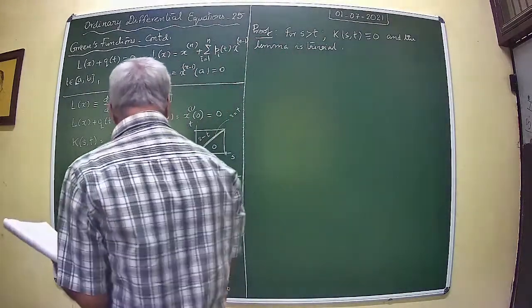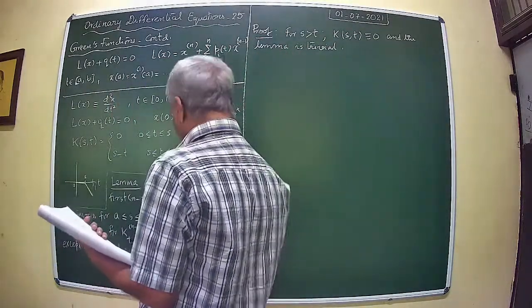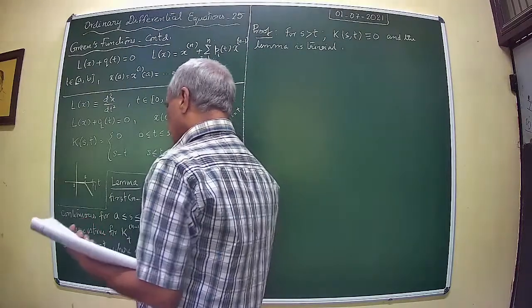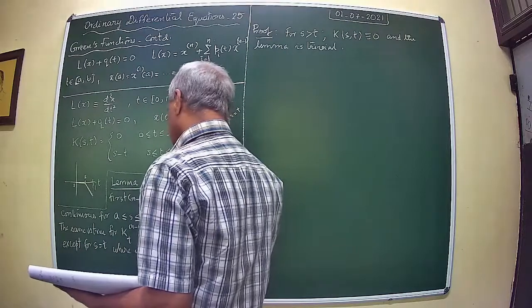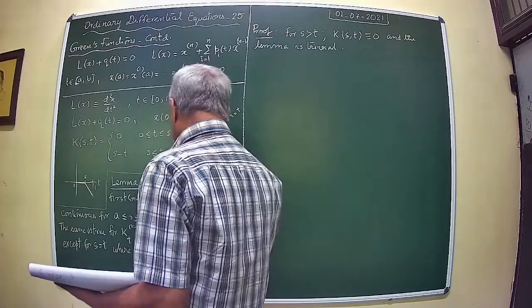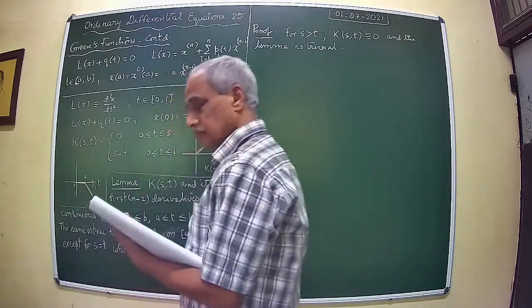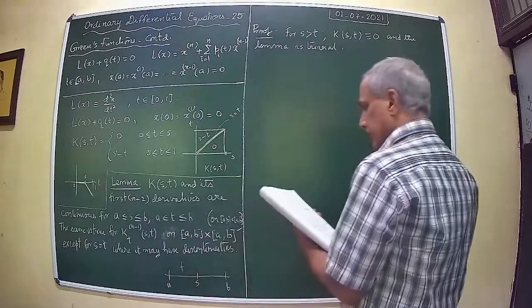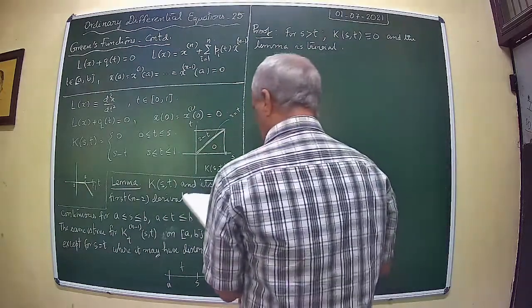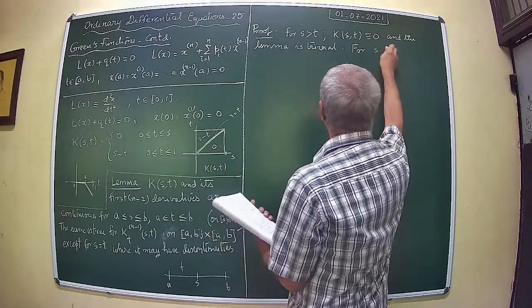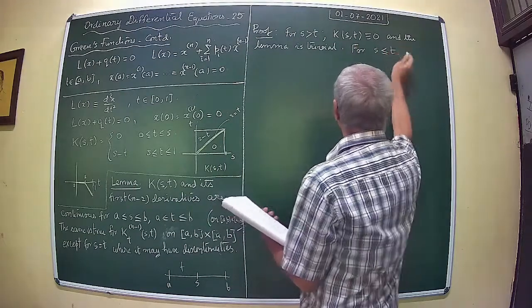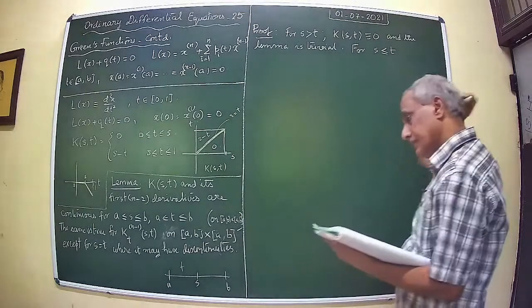Okay. Now what we are doing is imposing conditions at s which are different from the matching function that we have obtained. We see the identically zero solution, so you have to show that they patch up smoothly. So let us take t greater than or equal to s. This is the portion.